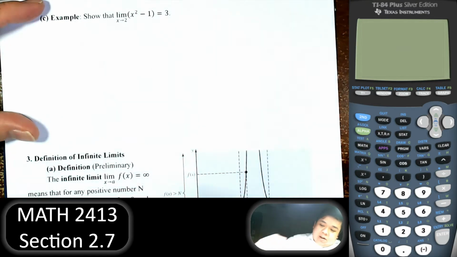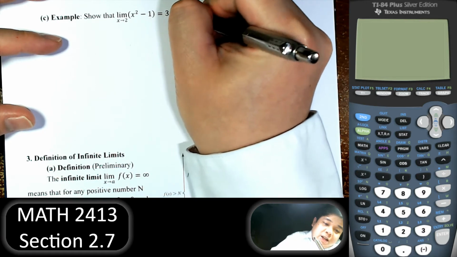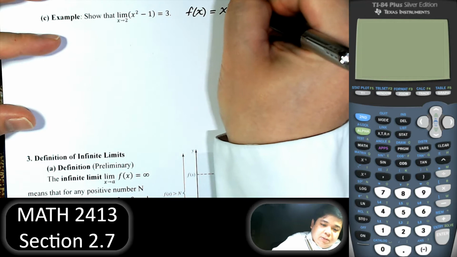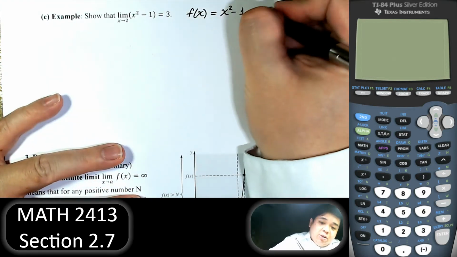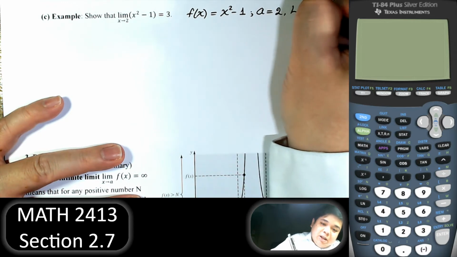And we start, first of all, let's just write the function is x squared minus 1. The values of x approaching 2, limit 3.